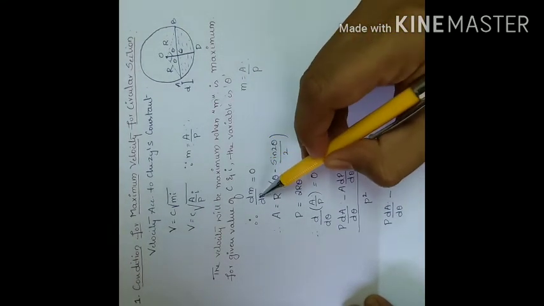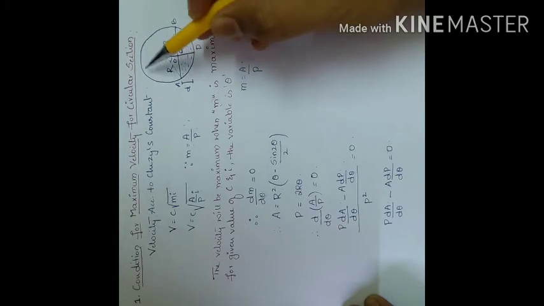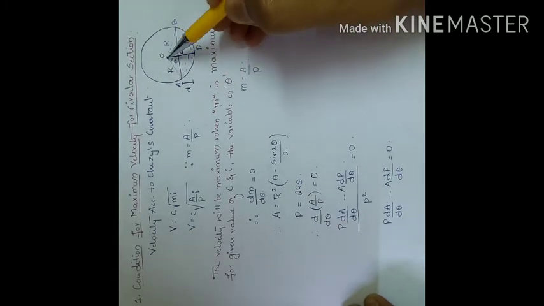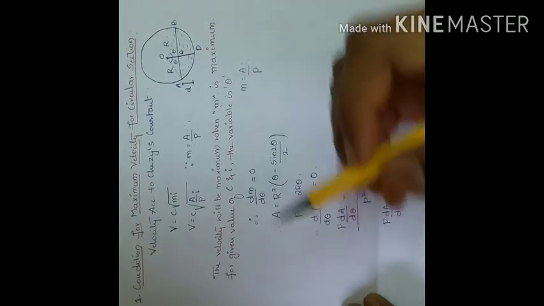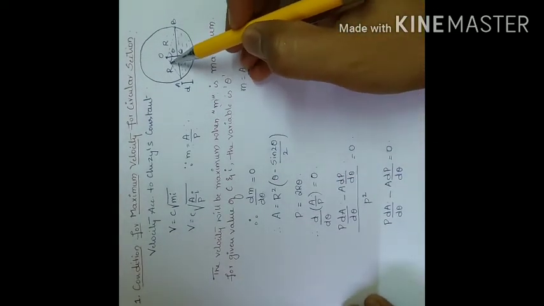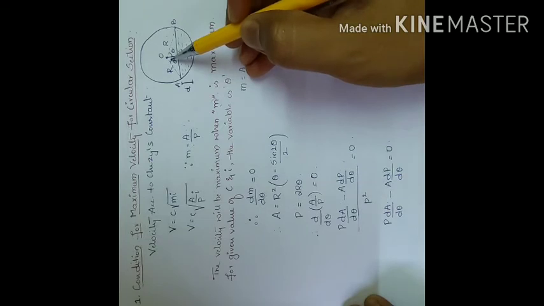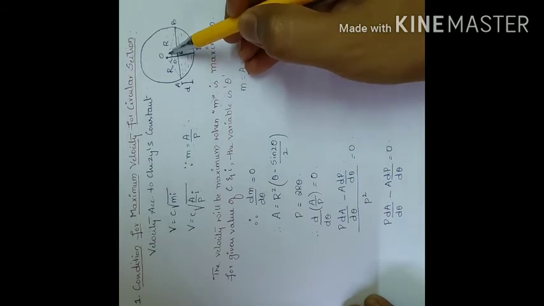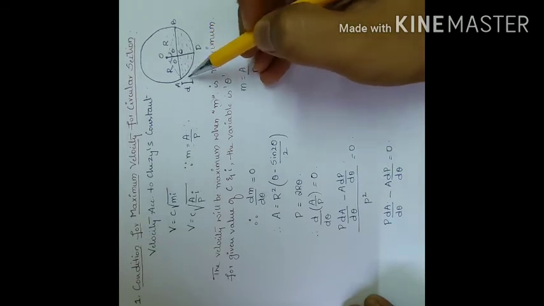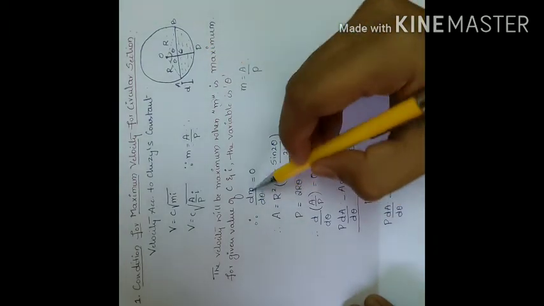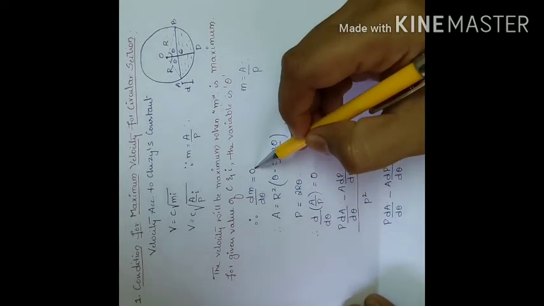The changing variable is theta, because in the diagram of the circular section the angle keeps increasing or decreasing. The angle subtended is 2 theta, which is theta and theta. If this angle changes, the depth also changes. Therefore dm upon d theta should be equal to 0.